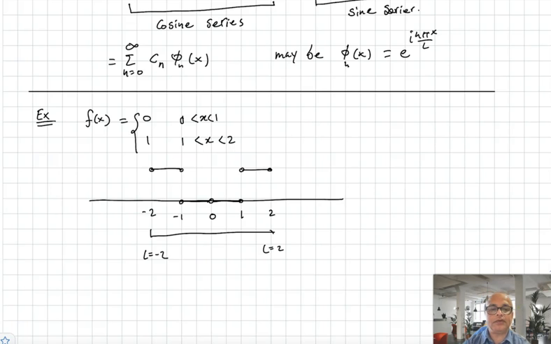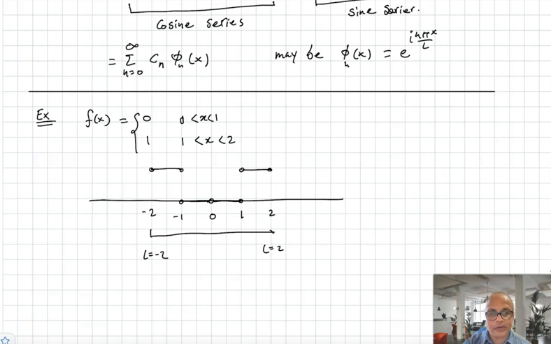And this function looks like an even function, because anything from the positive part and anything from the negative part is the same. Or if I just fold the paper on this vertical line, they're superimposed. So I have extended this function in such a way that it is an even function.